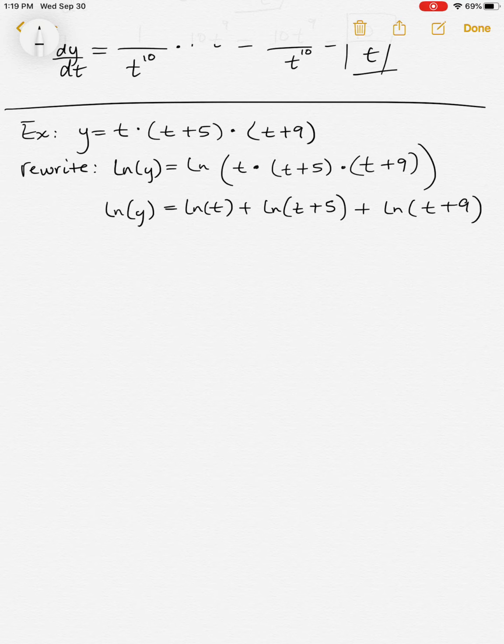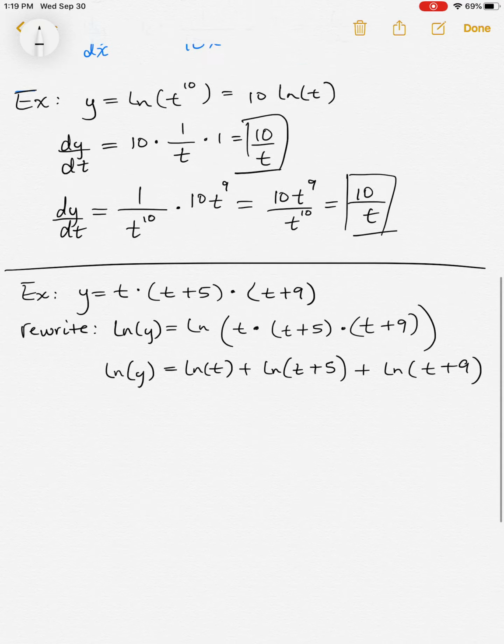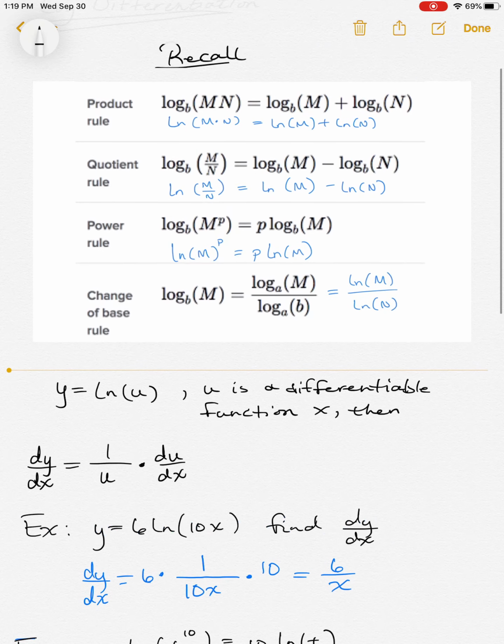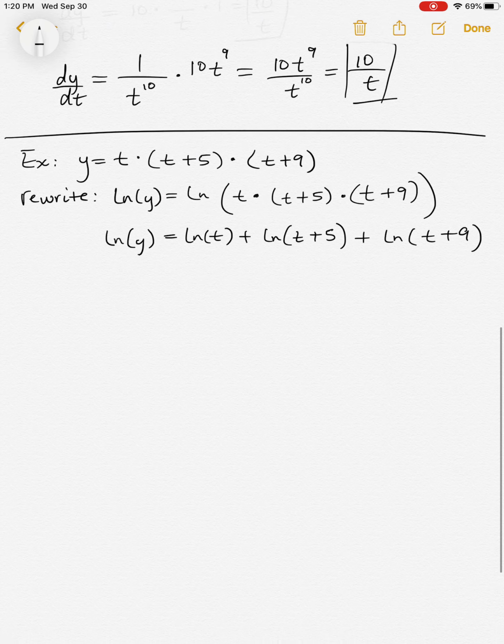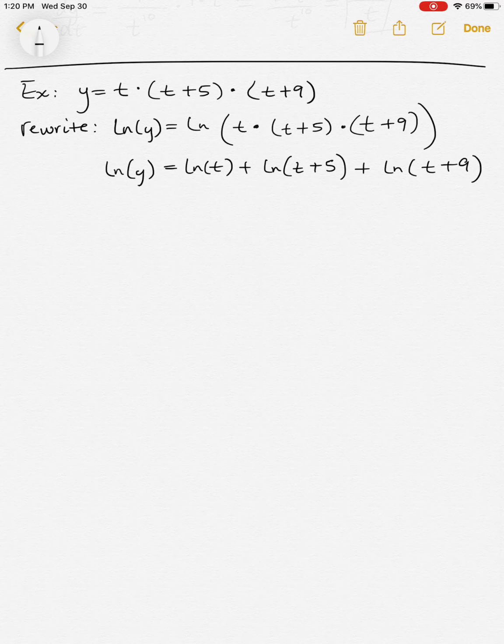Notice the log property that I use. I'm going to scroll up real quick so you can catch that log property. The log property that I use is that product rule. You see the product rule there in blue at the top. If I have a product of things inside my log, I can separate each of those factors by addition. I just did that.